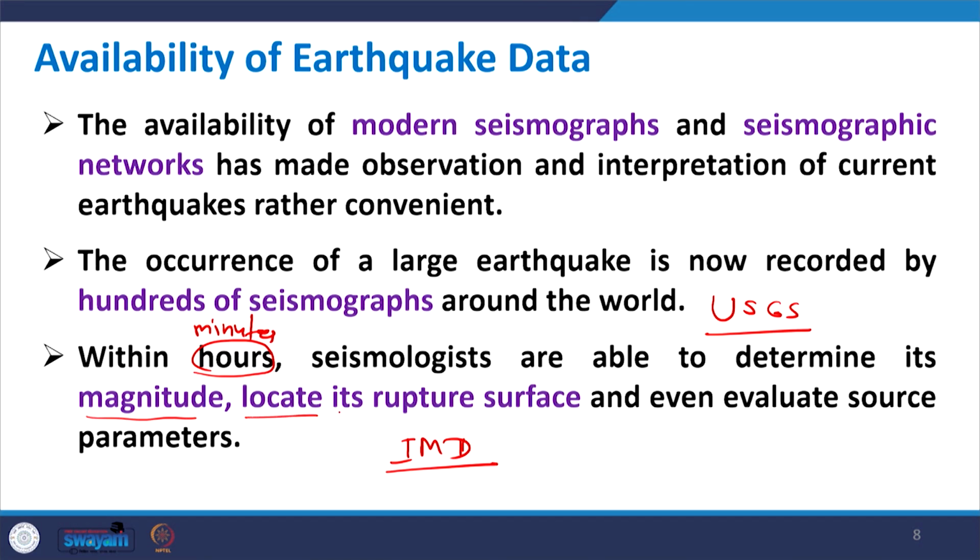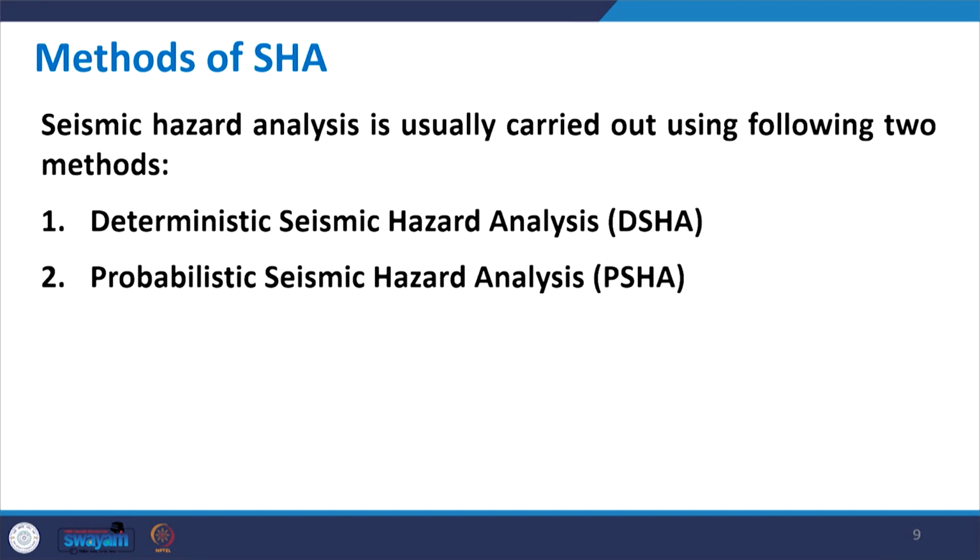You not only learn that an earthquake has occurred, but also its magnitude, the location of the rupture surface, and even source parameters. Source parameters means, for example, what we discussed in the last lectures, PGA or PHA. That is also found out. So, the availability of earthquake data has made our task a bit easier compared to earlier.